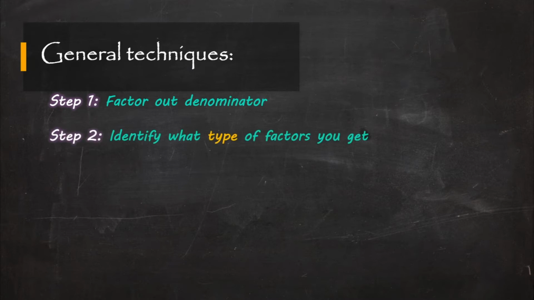Step 2 is to identify what type of factors you get after the factoring. There are going to be different cases. Sometimes the factors can be very simple, like a constant, like 2, or like x.